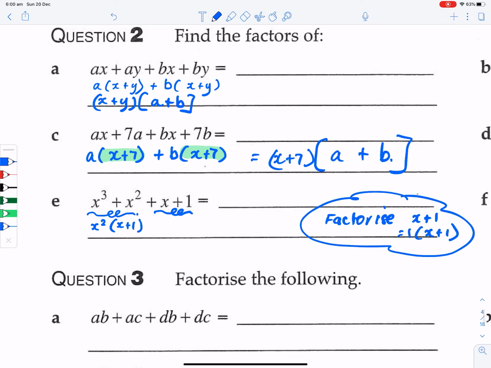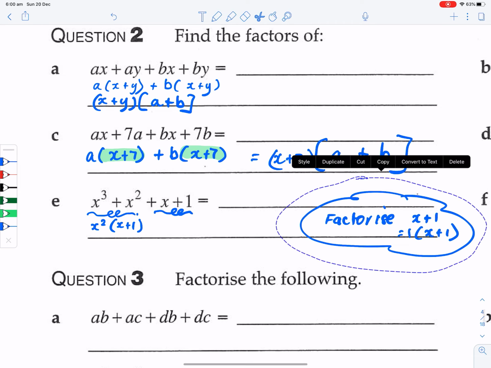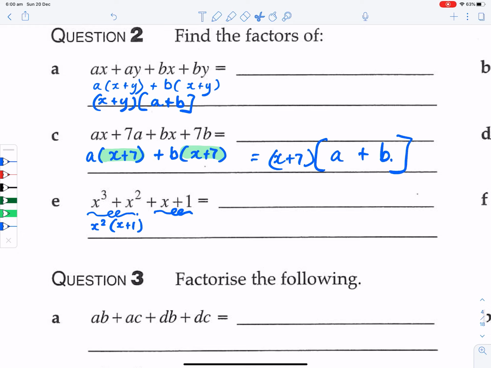on its own. However, because we're working on grouping in pairs, going back to this question, you can see very clearly from the first two terms, the x cubed plus the x squared, that x plus 1 has been one of the factors.